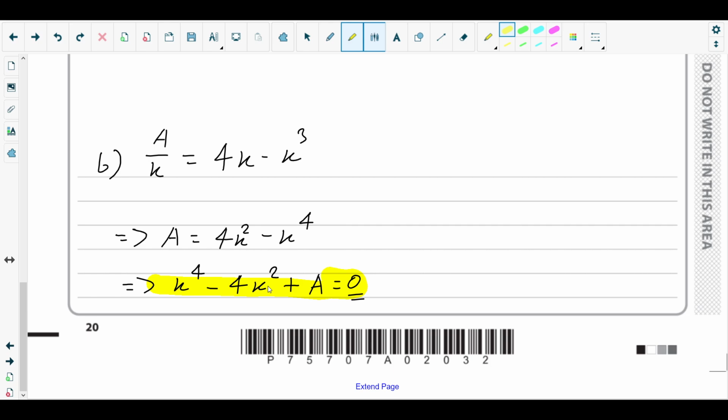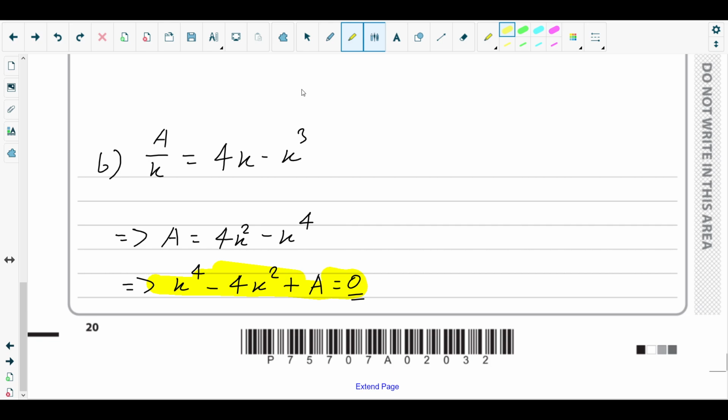If it has one real root, there will be one point of intersection between the curve C1 and C2. So in order to have 4 points of intersection between C1 and C2, this equation should have 4 real solutions, that is, 4 real roots.